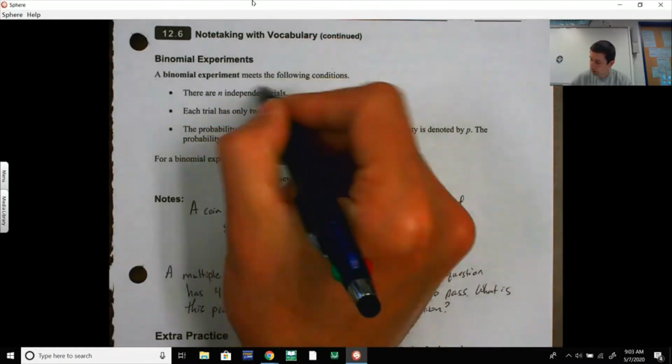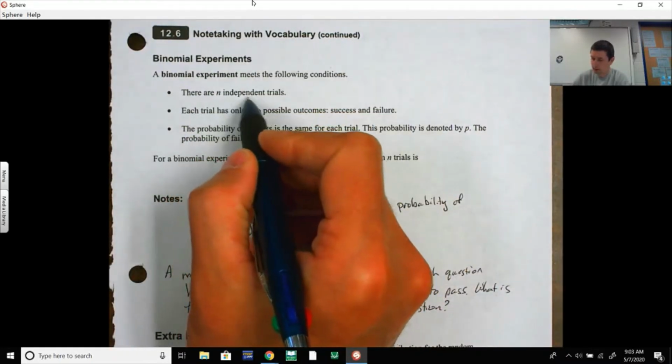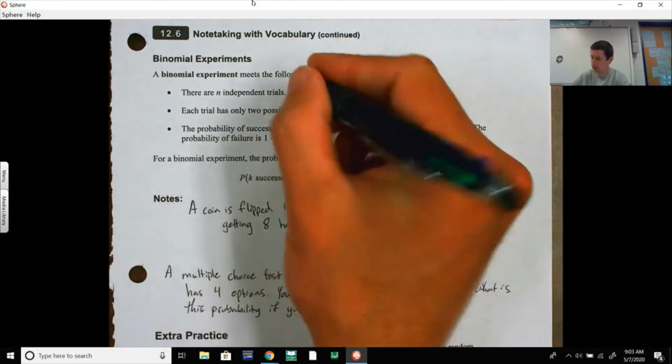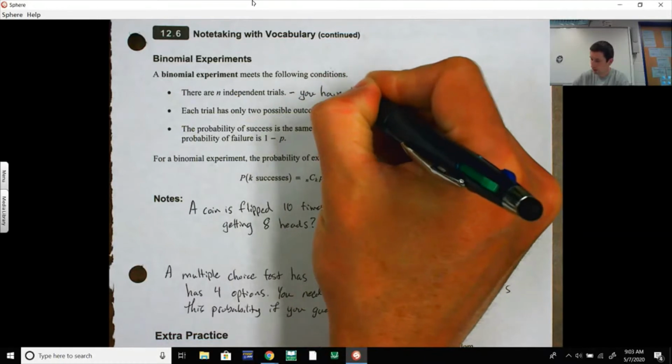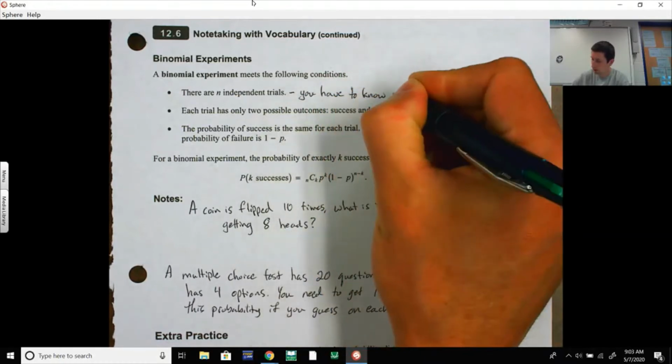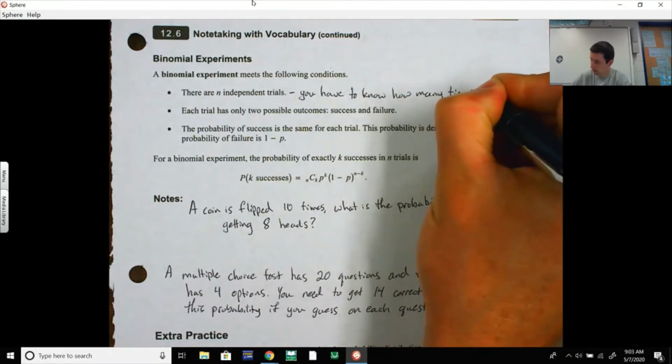Binomial experiment meets the following conditions. Okay, there has to be a set amount of independent trials. So you have to know how many times something will happen.